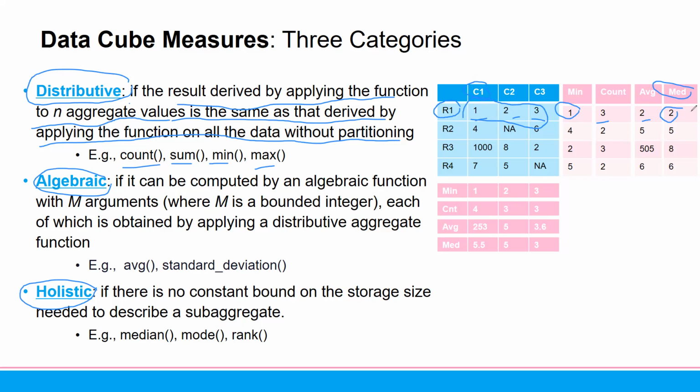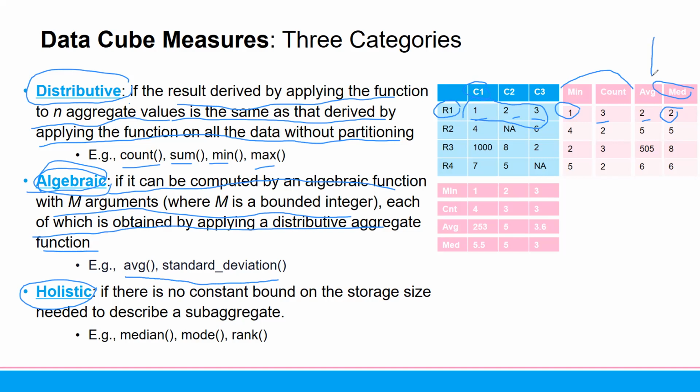If it is distributive, it is just a simple measure like minimum and count. If you are dealing with algebraic, it can be computed by an algebraic function with m arguments, where m is a bounded integer, each of which is obtained by applying a distributive aggregate function. Let's say average and standard deviation.